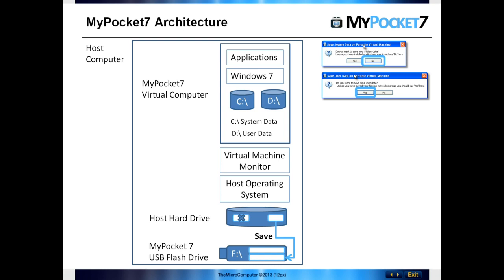The temporary data that was written to the host system while the MyPocket7 was running is eventually deleted. Deleting a file on a host system only removes references to data, but not necessarily the data itself. Experts could still be able to access temporary data on the hard drive.